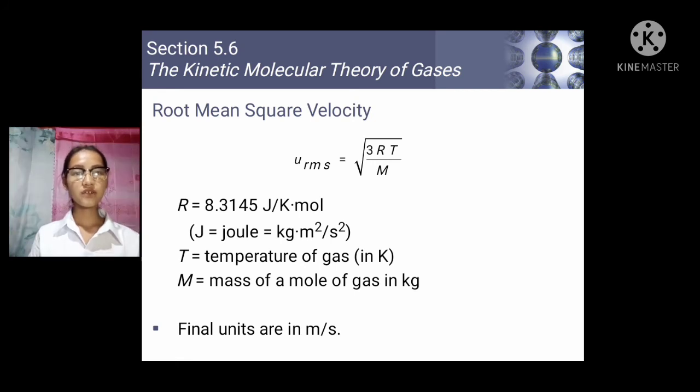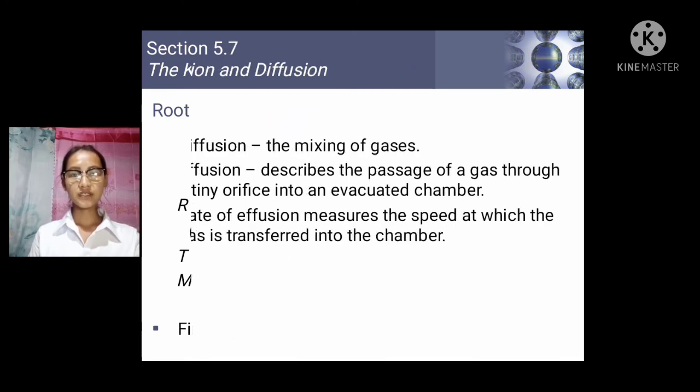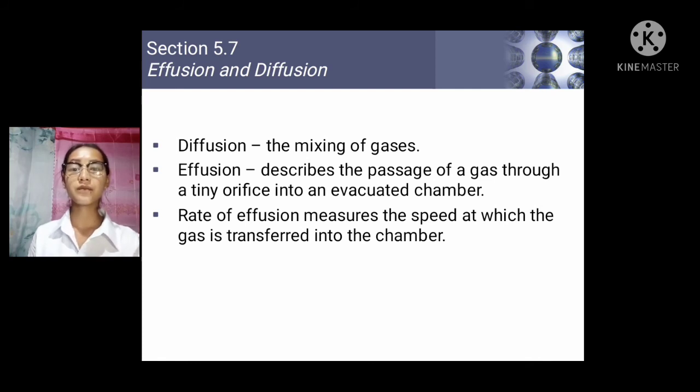So that's all for the discussion of the kinetic molecular theory of gases. We're going to discuss the second topic, which is effusion and diffusion in section 5.7. So diffusion, the mixing of gases.